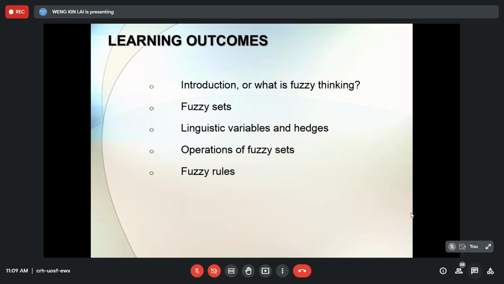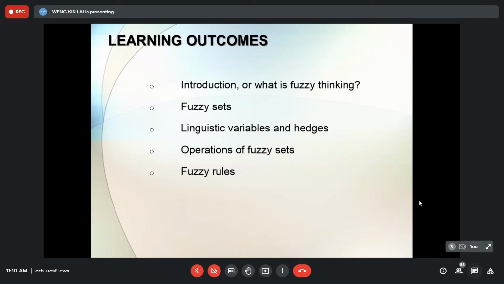We look at basically an introduction, or what is fuzzy thinking. Then we also spend some time looking at the fuzzy sets. What are the fuzzy sets? These are the fundamentals of your fuzzy logic system. Then we move on to what I will say is your key strength, key advantage, key differentiation of fuzzy logic systems, which is linguistic variables and hedges.